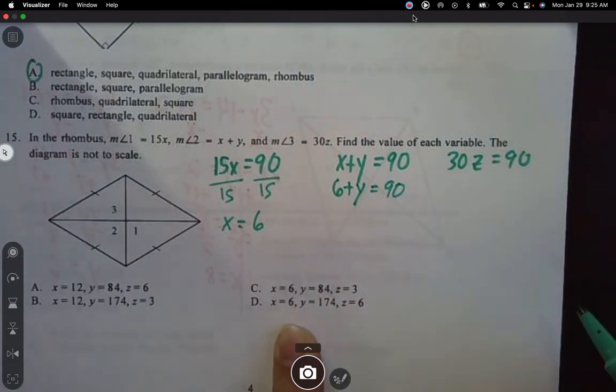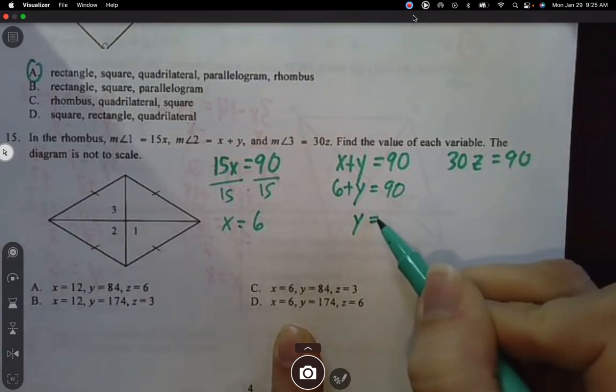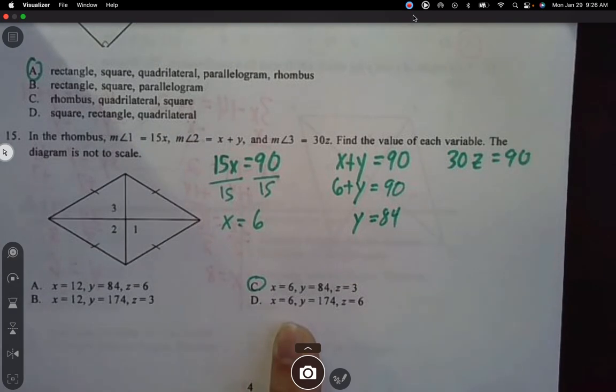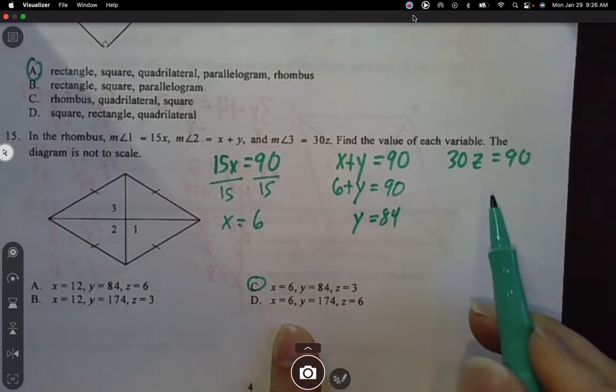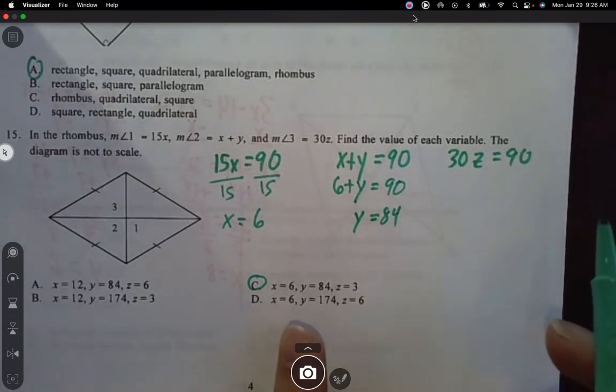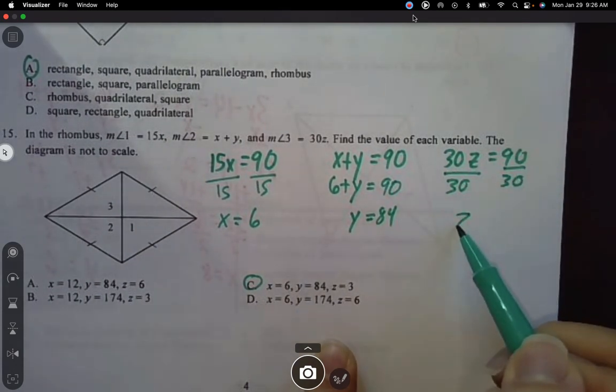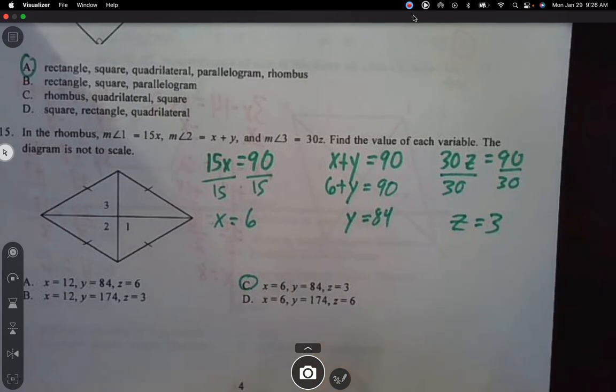Then you subtract 6 and you get 84. Let's go ahead and do the last one. What would I do to solve this one? Divide by 30. So I get 3. Easy money. So there's all our answers.